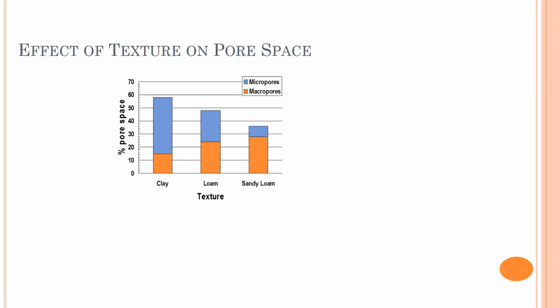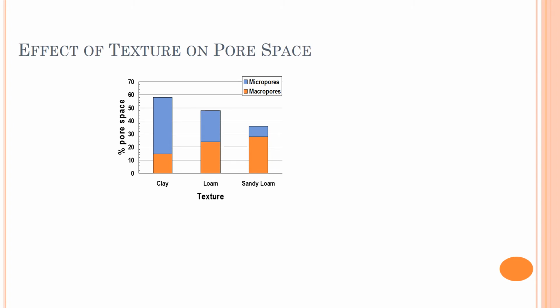So here's an example of how texture has an effect on pore space. This graph shows percent pore space from 0 to 70% on the left axis, whereas down here we see clay texture, loam texture, and sandy loam. The top part of each bar graph shows the percentage of micropores, whereas the bottom part of each bar shows macropores.